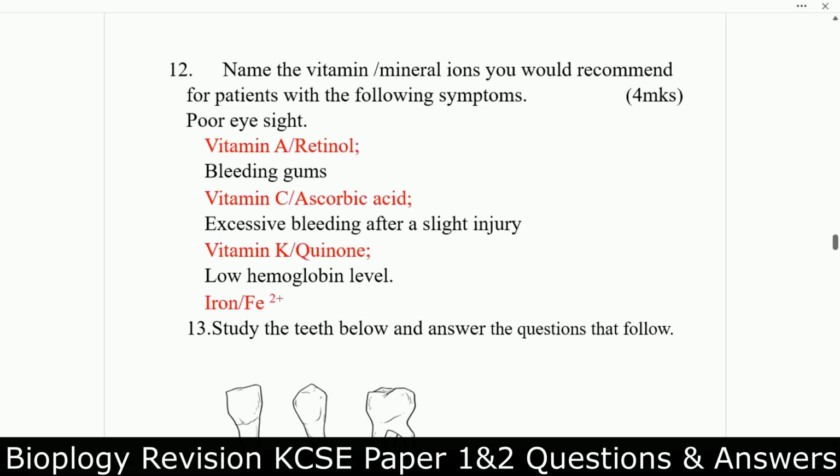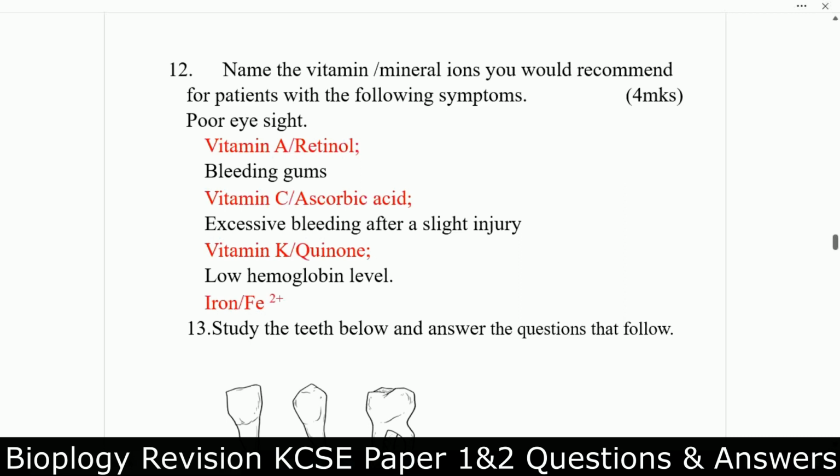Number 12, name the vitamin or mineral ions you would recommend for a patient with the following symptoms. Poor eyesight. What do you advise them to take?